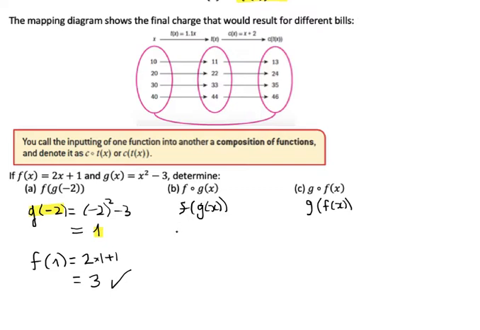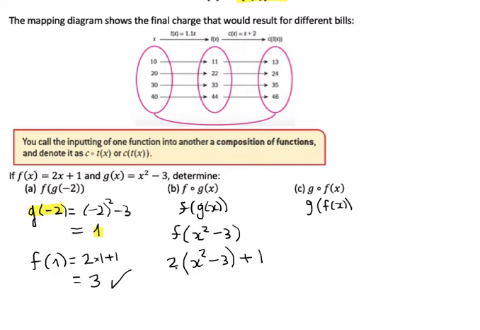So f of g of x requires us to take the g and put it into the f. So we need to evaluate f of the g function. Okay, well our f function is 2x plus 1. So this is going to be 2, and instead of the x, we're putting in our g of x. And then there's still the plus 1.